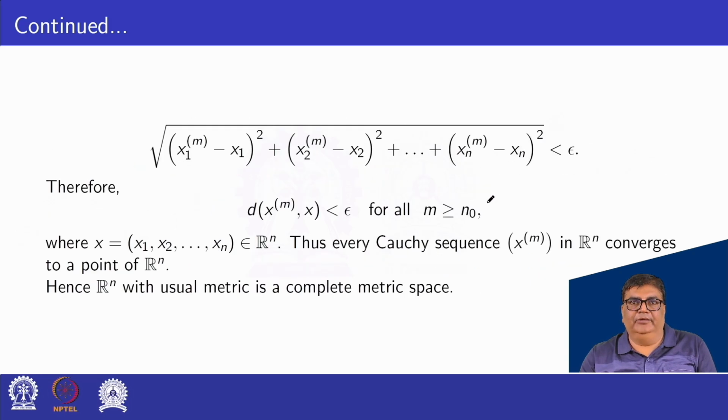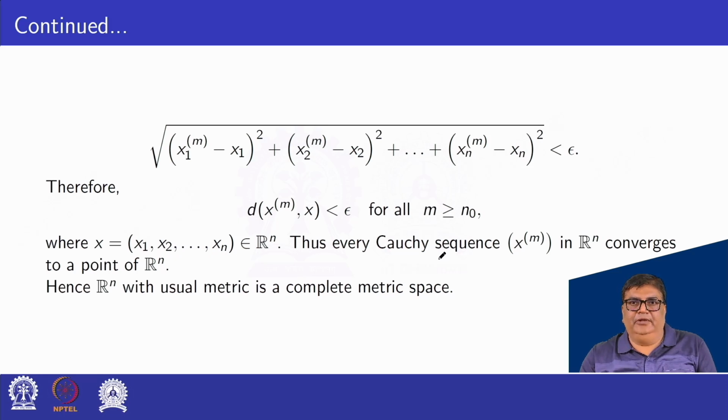Then we have the square root of ((xm1 − x1)² + (xm2 − x2)² + ... + (xmn − xn)²) less than epsilon. What is this? This is d(xm, x) less than epsilon for all m greater than or equal to n0, where x = (x1, x2, ..., xn).